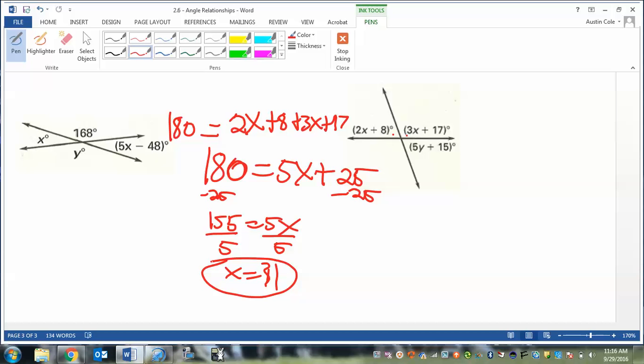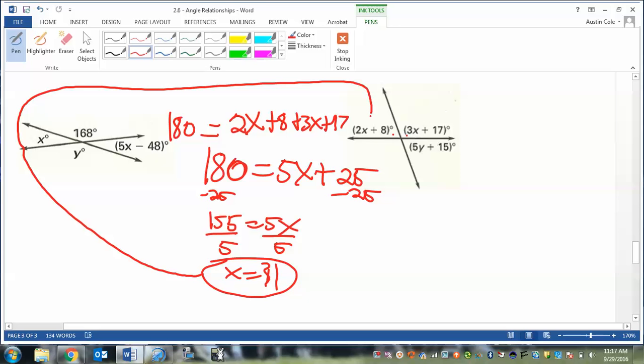So what we could do is find the value of the angle on the top left, and then it'll be the same as the angle with y in it. Why is that? Because they are opposite angles. Vertical. Thank you. So these are vertical angles, right?